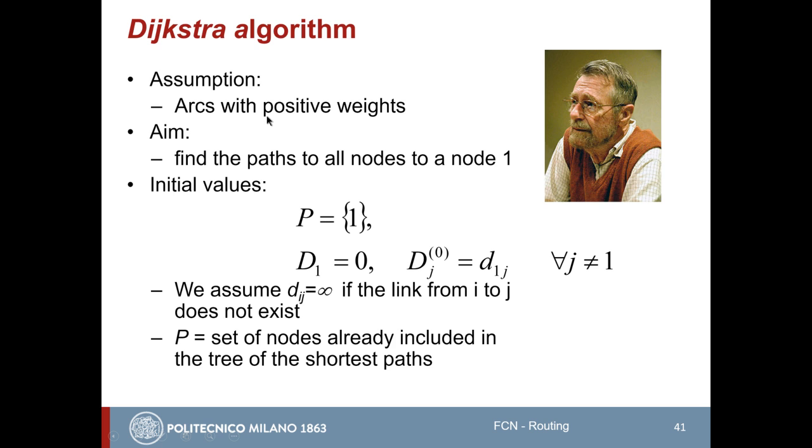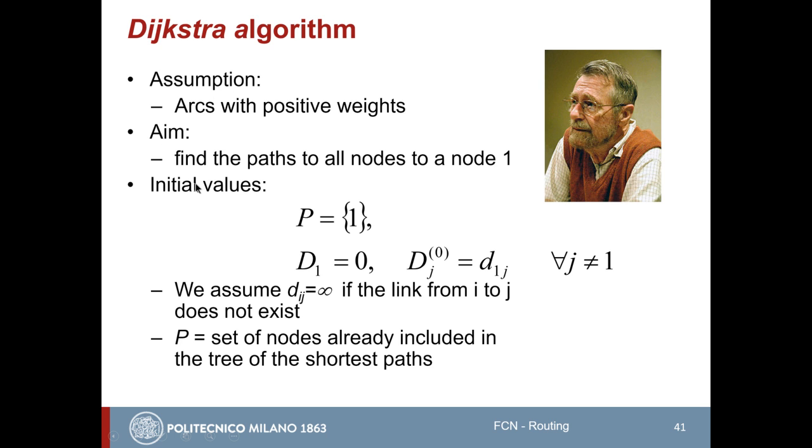Again, we have arcs with weights, and the Dijkstra algorithm has a narrower application field compared to the Bellman-Ford. It works only when arcs are all positive. If you have negative arcs, you cannot apply the Dijkstra algorithm. You have to apply the Bellman-Ford. But we will see that Dijkstra is less complicated than Bellman-Ford, of course.